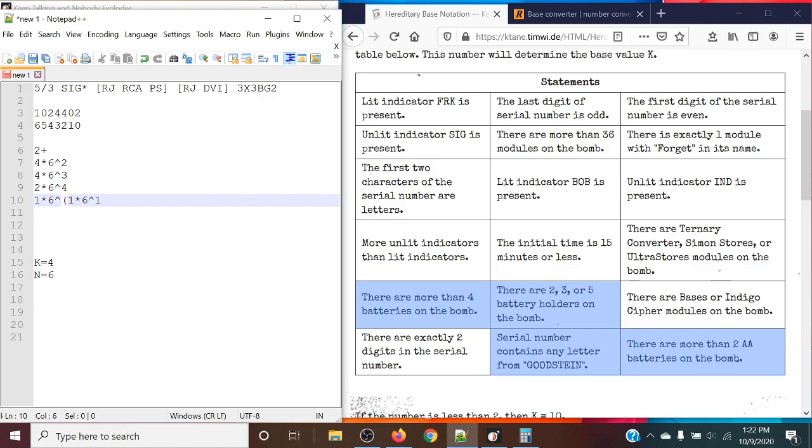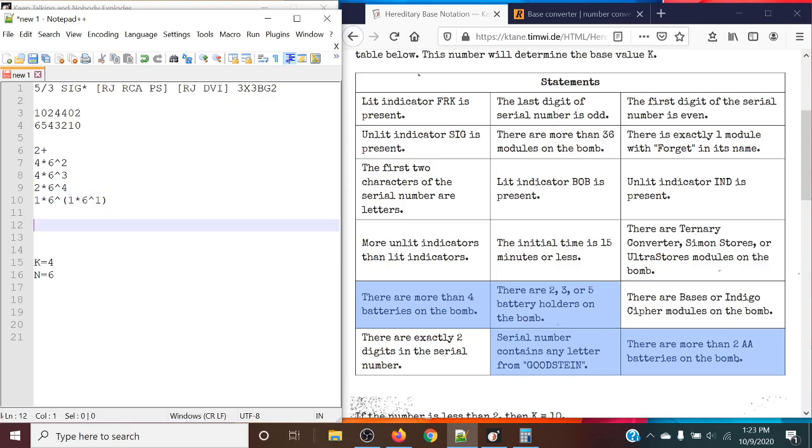So this is just saying the same thing as 6 to the power of 6, because 6 times 6 to the power of 1 is 6, and then 1 times 6 is 6. So that's essentially how the writing works.